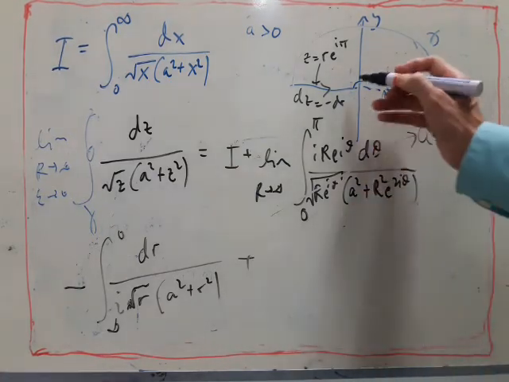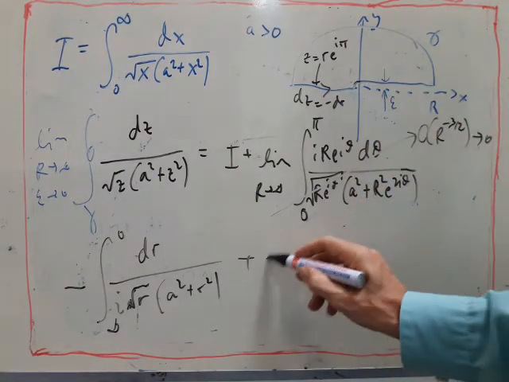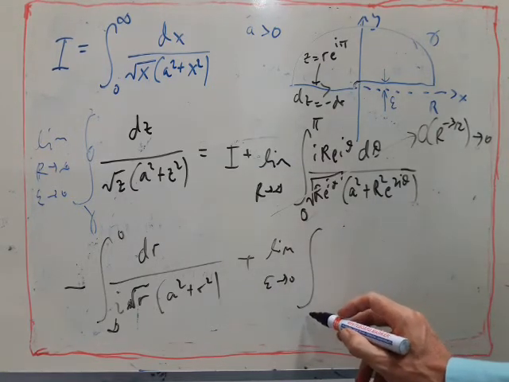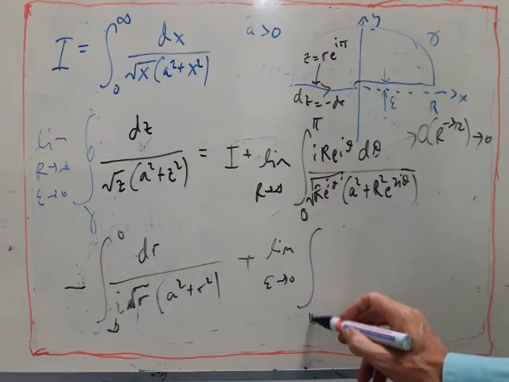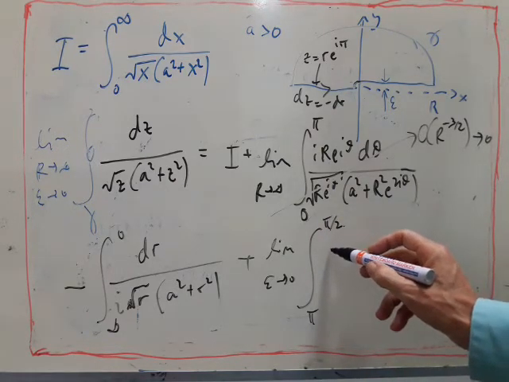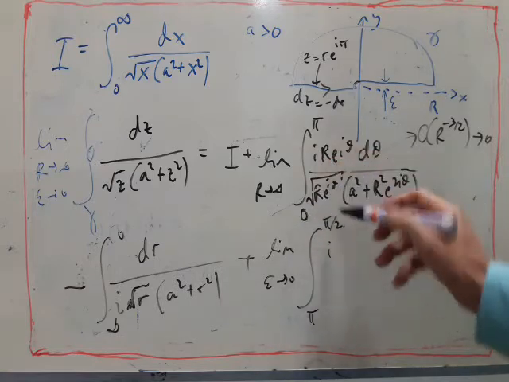Then the last bit I need is this bit around here. So it's the limit as epsilon goes to 0 from theta equals pi to pi by 2. And I've got the same thing as before, but with epsilon.